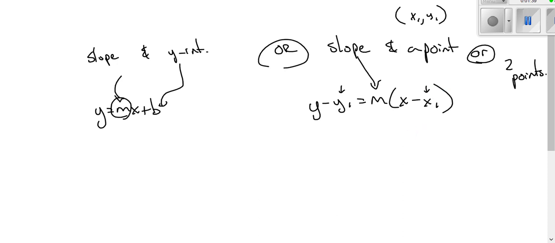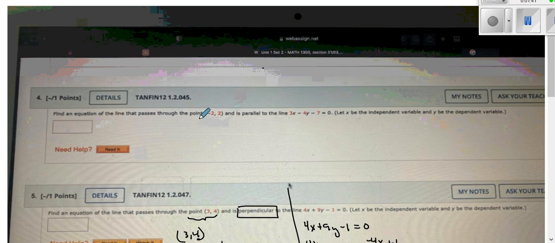Okay? So in this question right here, you're given a point right here, but then it gives you this thing right here, parallel to. Okay, this is like a clue that says, here's where you're going to find your slope. You're going to find your slope from this information.